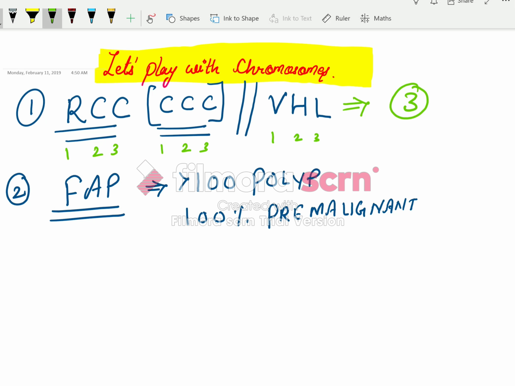So if I count this, polyp, 1, 2, 3, 4, 5. The chromosome number in this condition is 5.